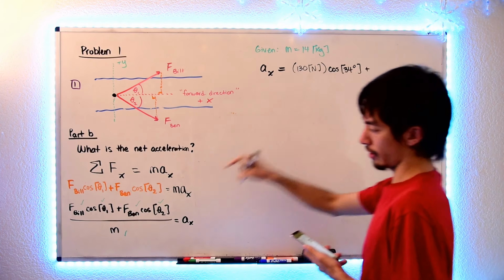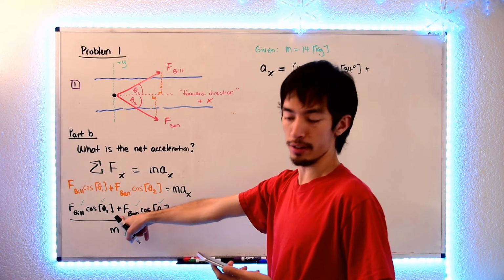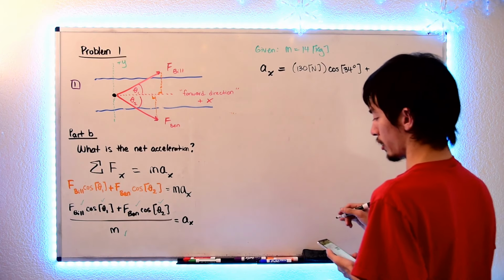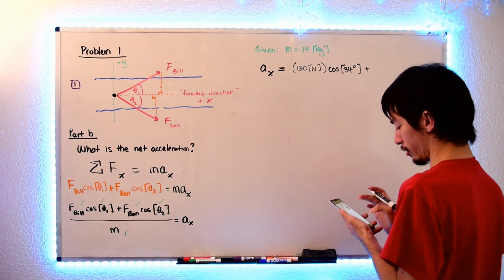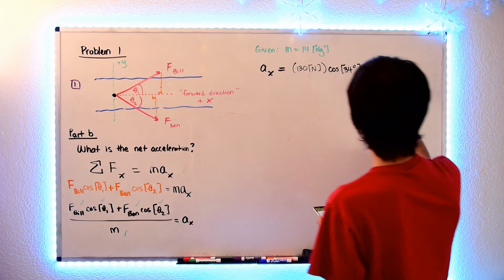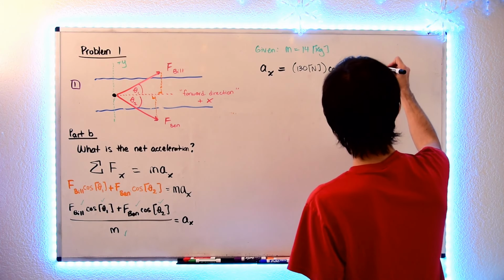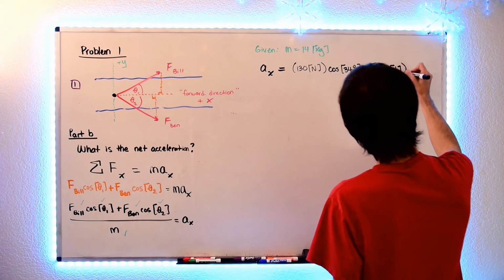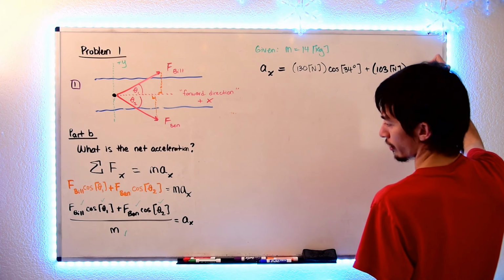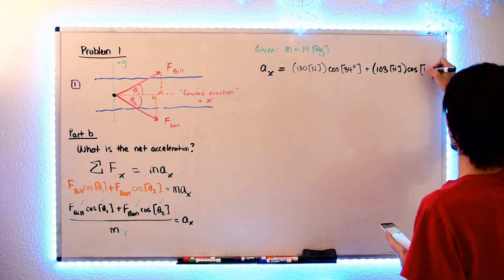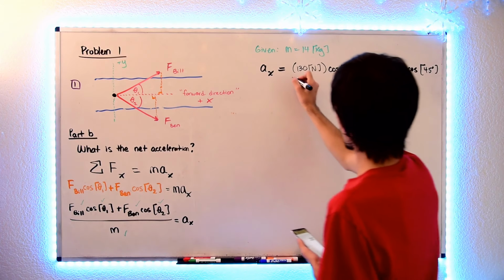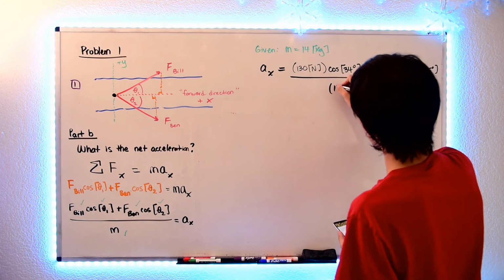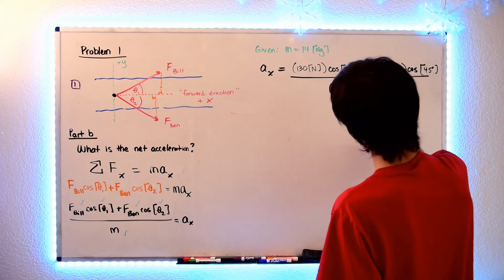And then we add force from Ben previously found. That was 103 or 104, I believe. I think it was about 103. Times the cosine of, now this one's 45 degrees. And then all divided by 14 kilograms.